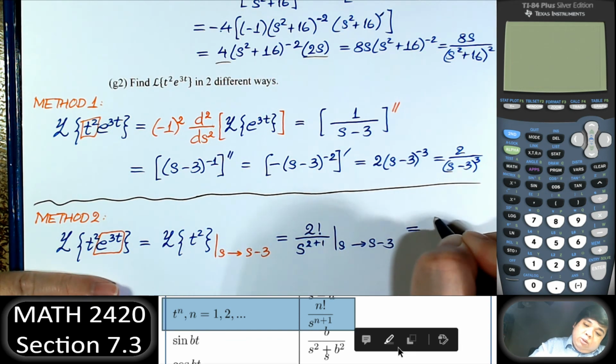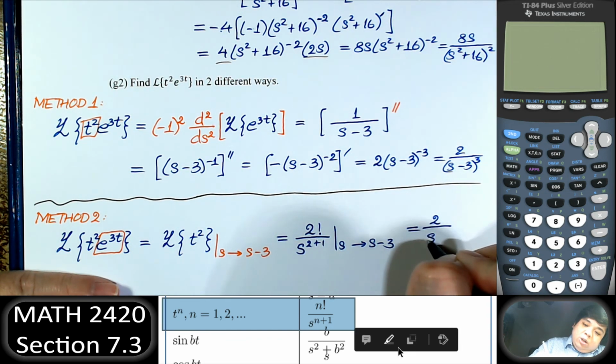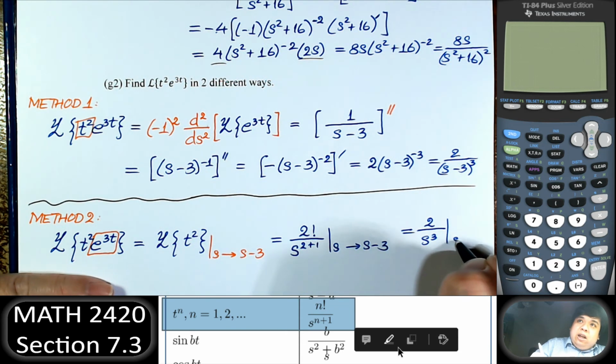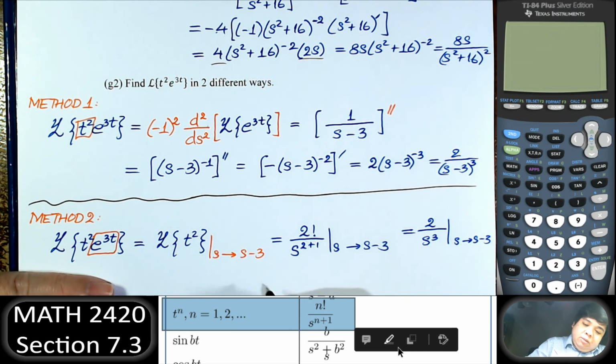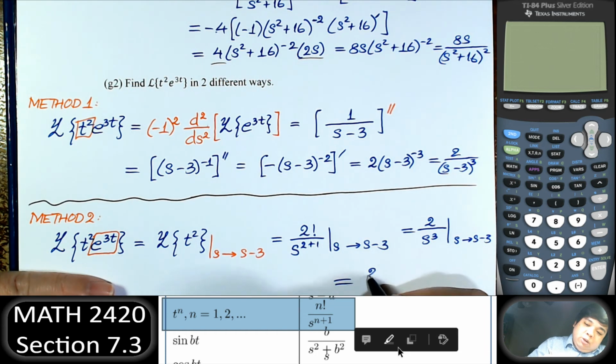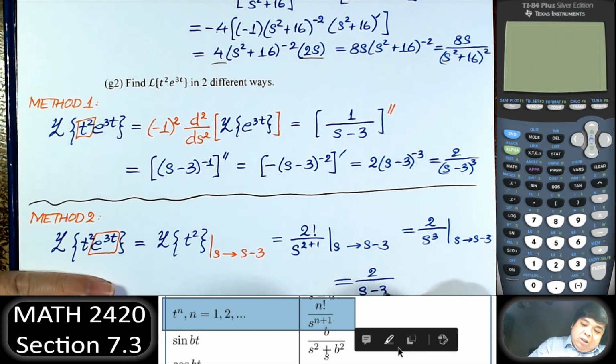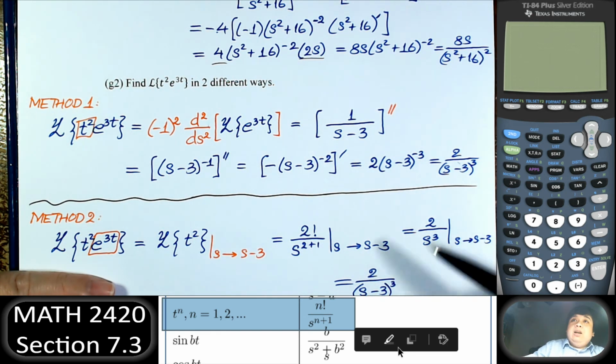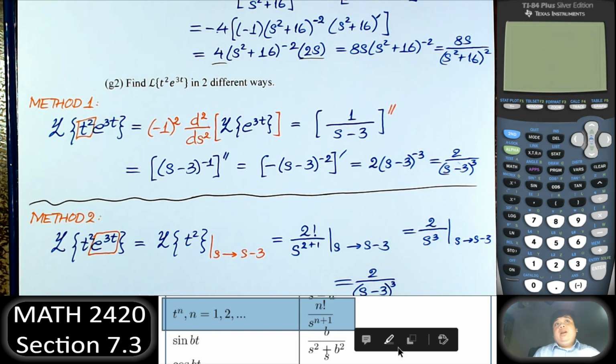So we have 2 over s cubed, s to s minus 3, and that gives us 2 over s minus 3 cubed. Yeah, of course we have the same thing. That should be the same.